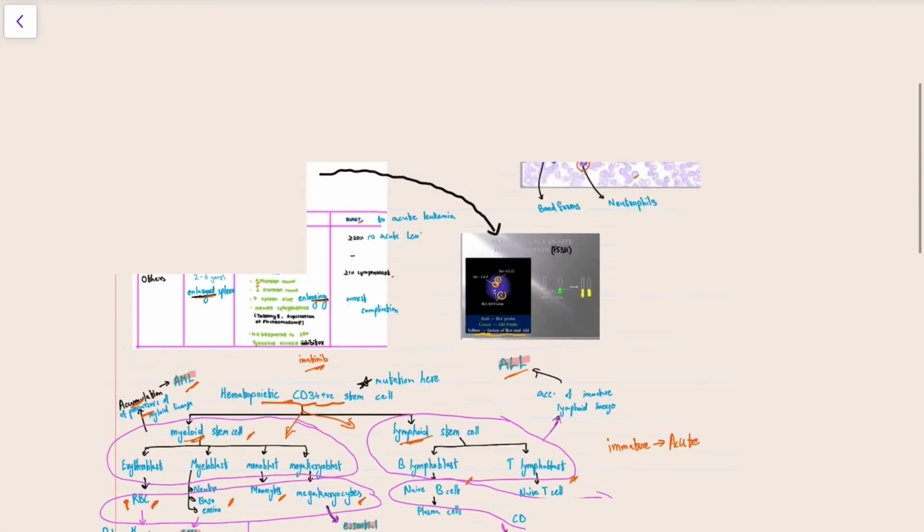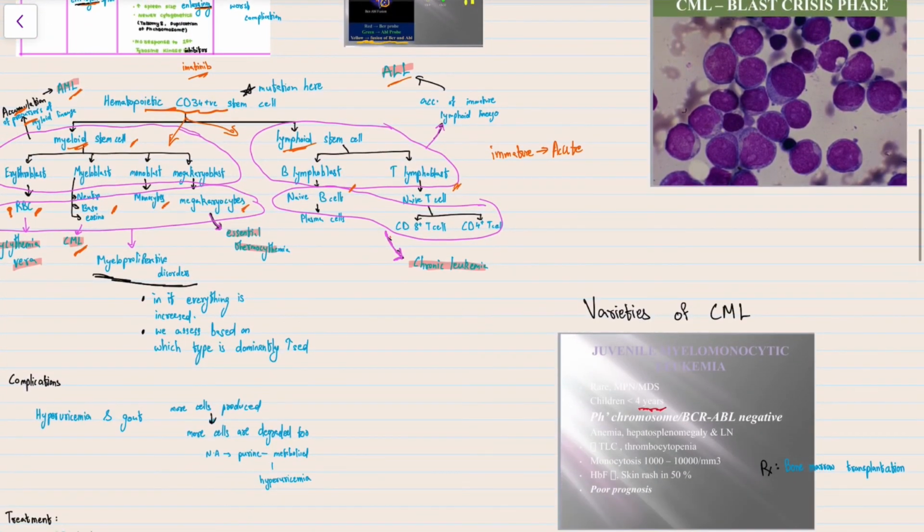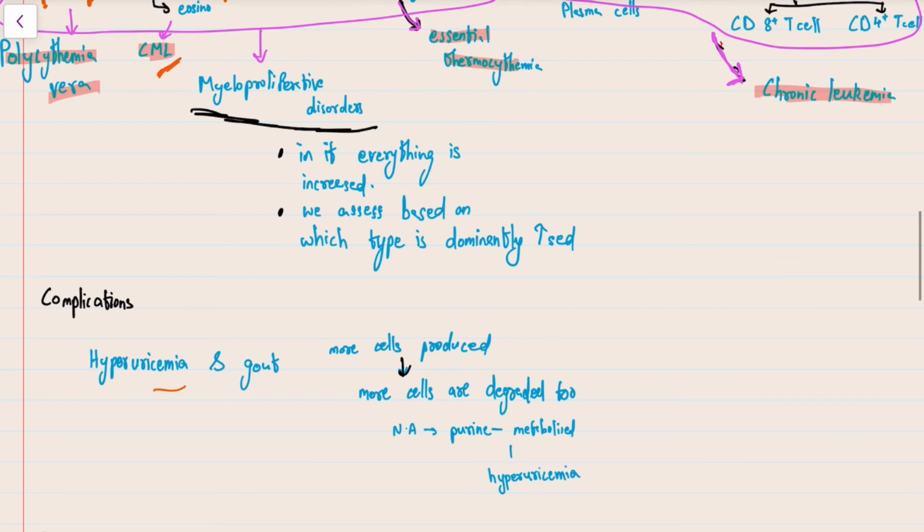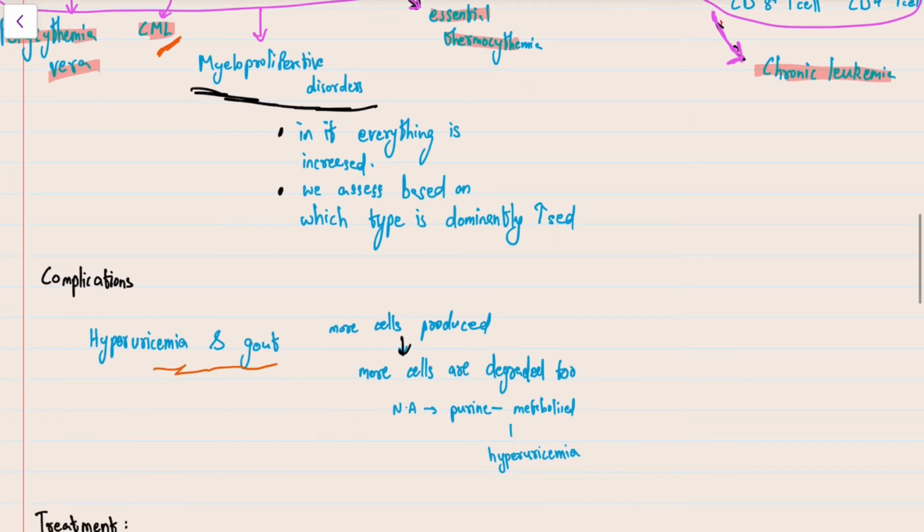So yeah, what are the complications? The patients may also show up with hyperuricemia and gout. Why is that? You know it, because more cells are produced, right? More cells produced means more cells have to be degraded. So when more cells are degraded, more nucleic acids are released during degradation.